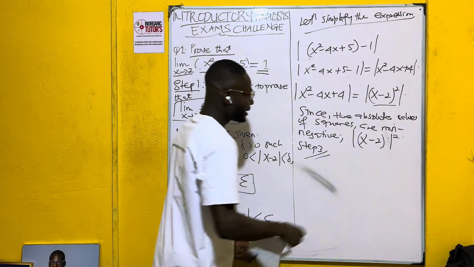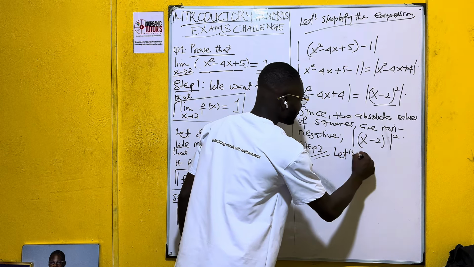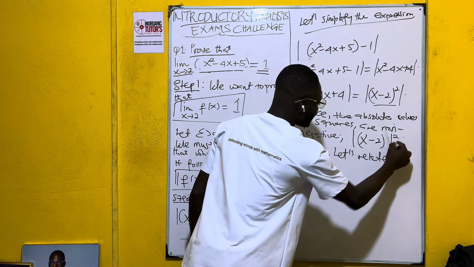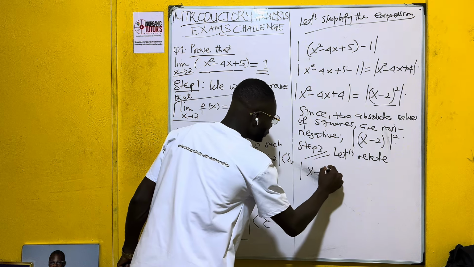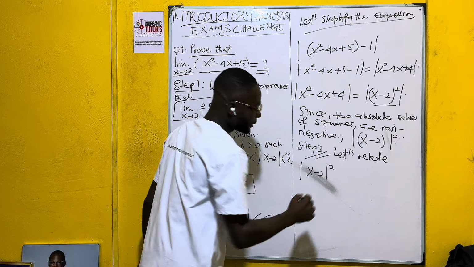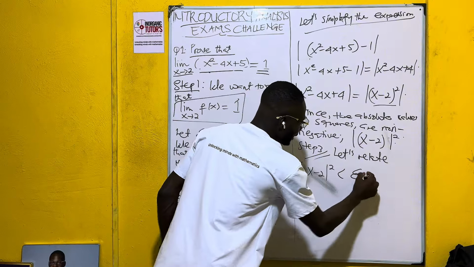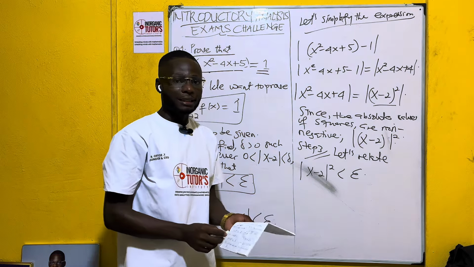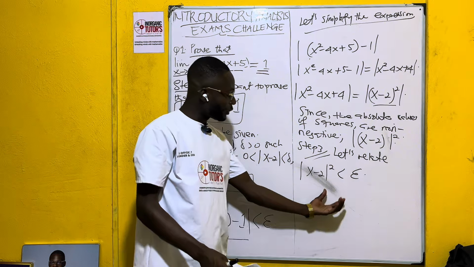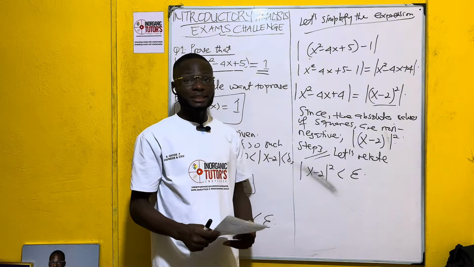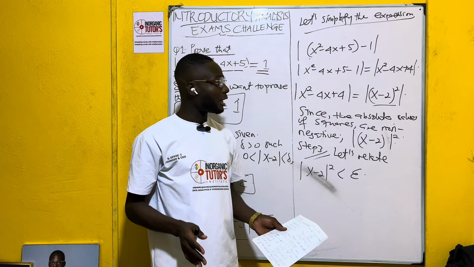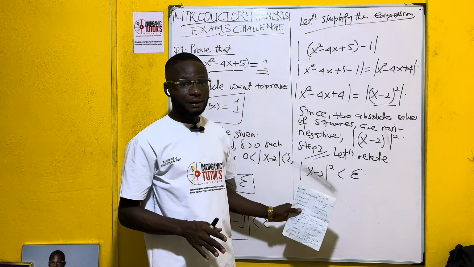So let's relate that to epsilon. So we have the absolute value of x minus 2 all squared to be less than epsilon, right? So at this point, this is what we have. So we need to simplify it.